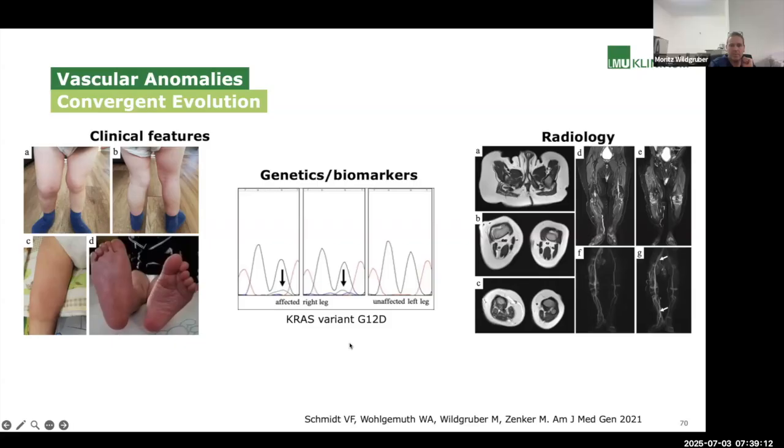And we did a biopsy and found a so-called KRAS mutation, which surprised everybody because KRAS mutations, for example, are typical in colon cancer. And one would not expect this in a dysplastic disease in a young child. But this may tell us in the future that these lesions may be able to proliferate like cancer, and that one needs to treat them already early in life.